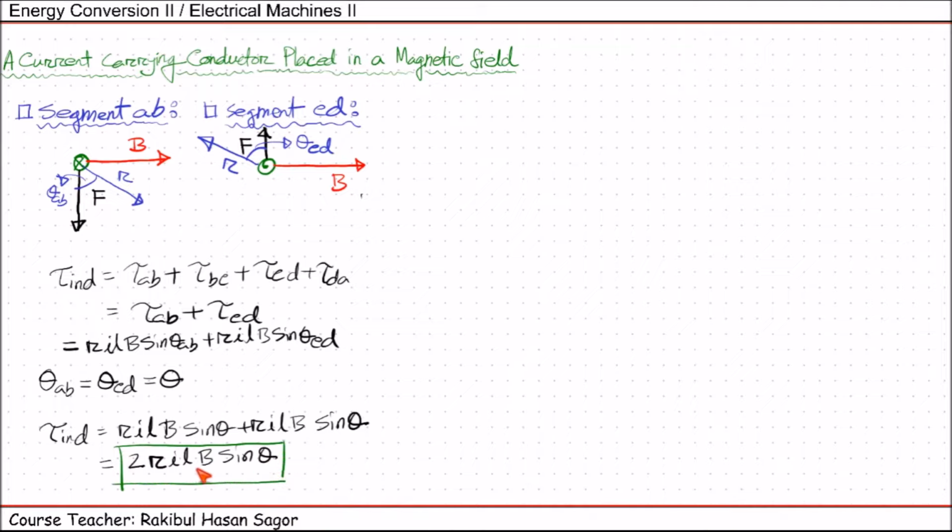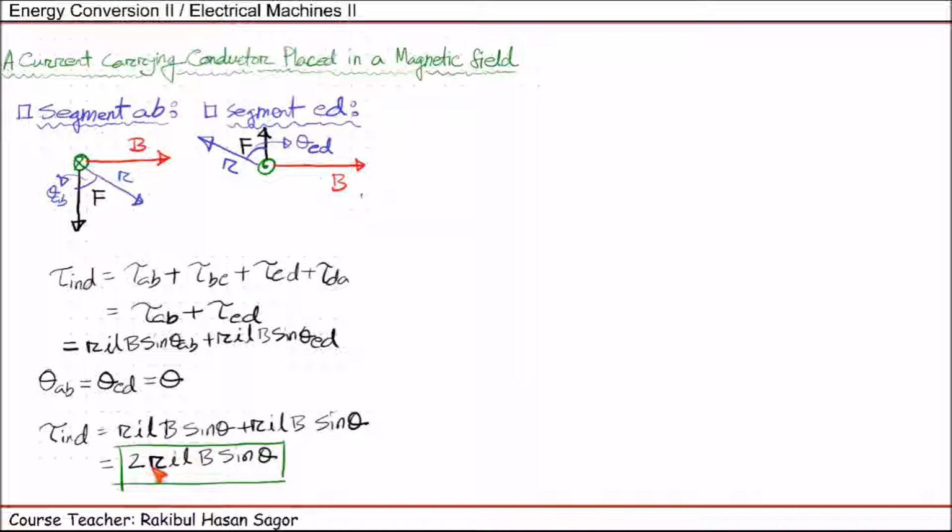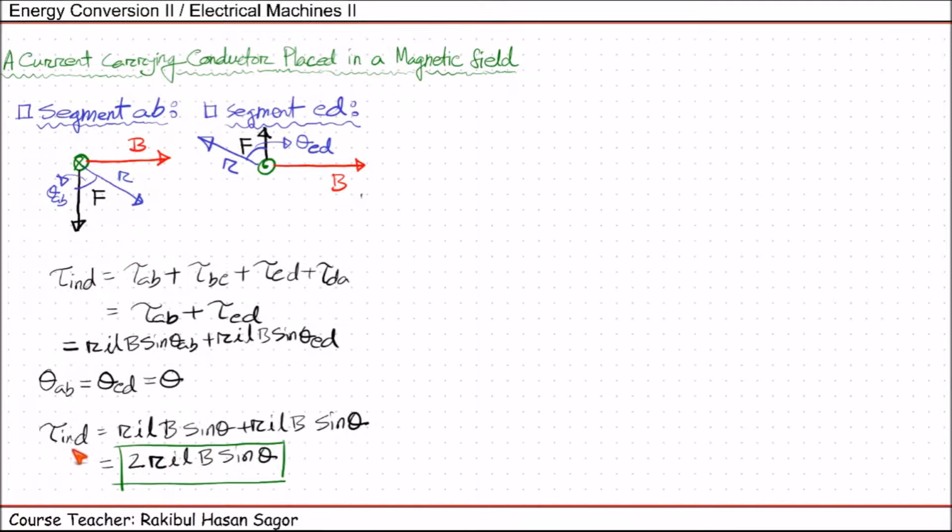I want all of you to understand this equation. Suppose you want your motor to have a higher amount of torque. What do you mean by higher torque? If the motor has higher torque, it will be able to move with a higher amount of load. That means it will have more angular force.